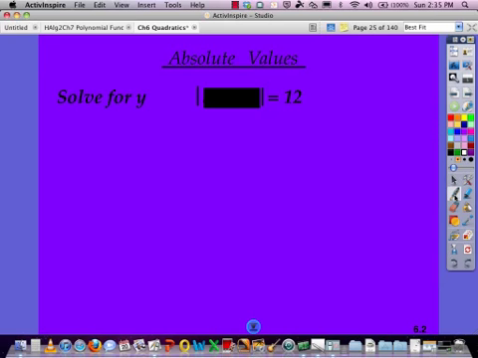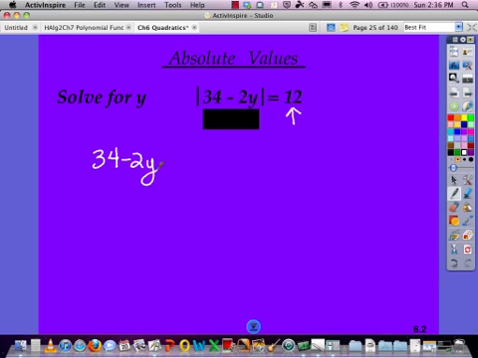Whatever's underneath that spot, however complicated or easy it is, could be equal to 12 is our goal in this case. All right, so just revealing, so you can see where I'm getting what I have now. Whatever's inside of the absolute value bars, the 34 minus the 2y, could be equal to the 12.